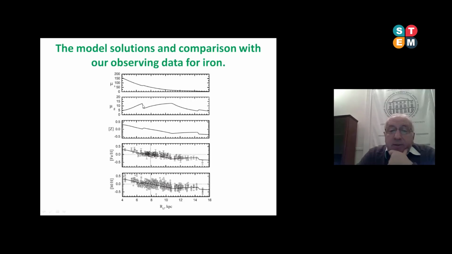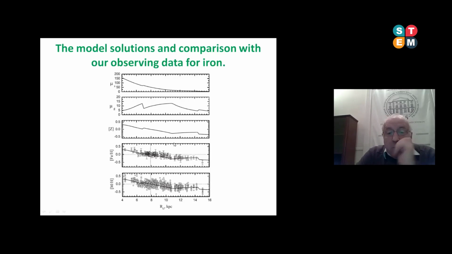And here is the inner Lindblad resonance, here the outer. So here no spiral arms, and here also. And this is also depicted in the metallicity. You see the metallicity has some minimal value at 11 kiloparsecs.